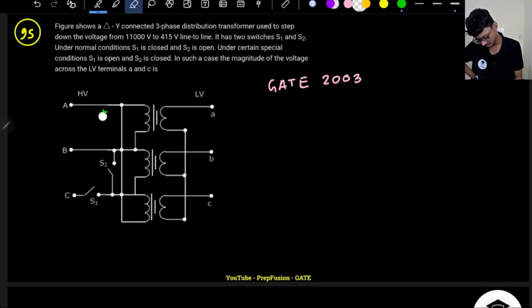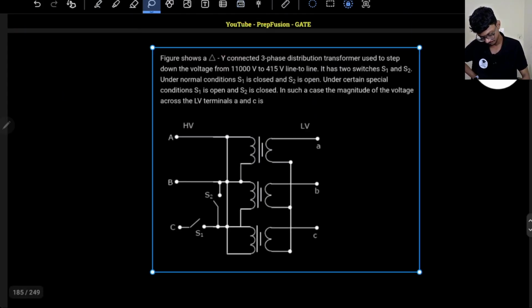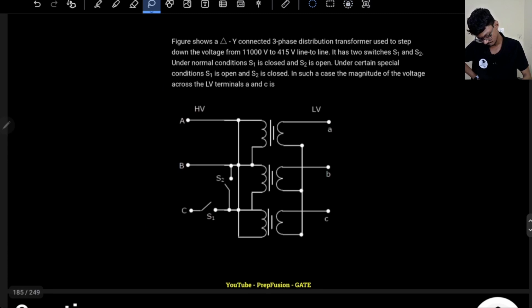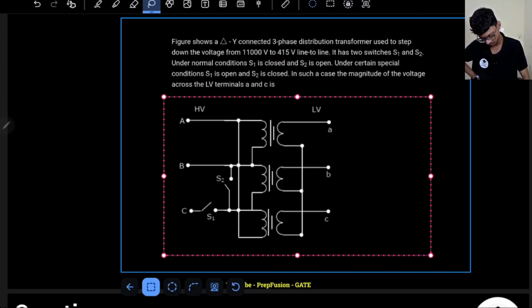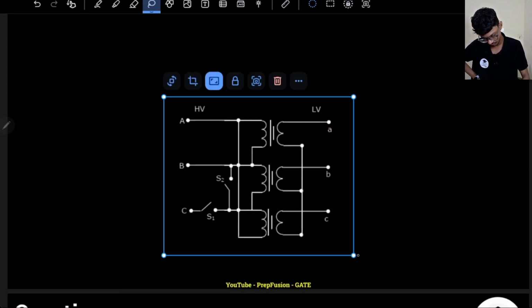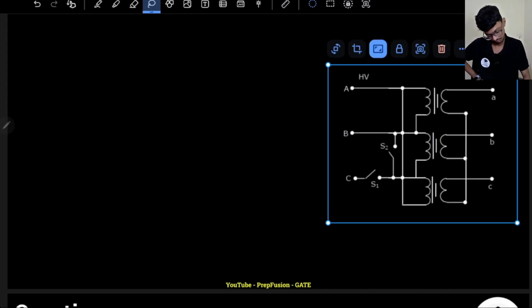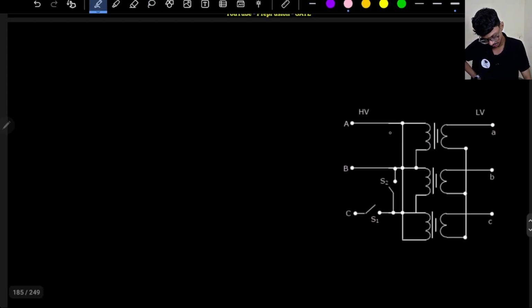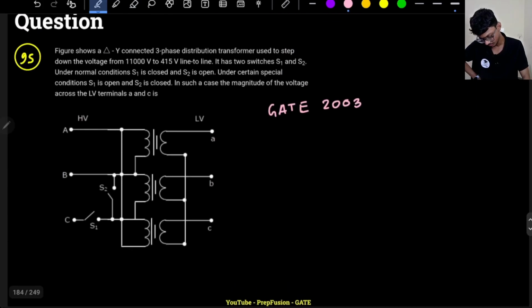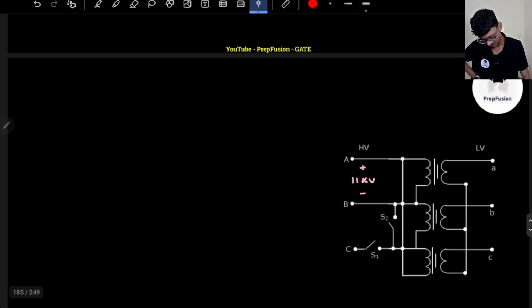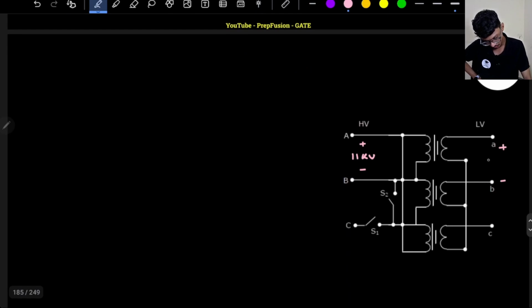The delta connected side is 11 kV and the star connected side is 415 line to line, from here to here.